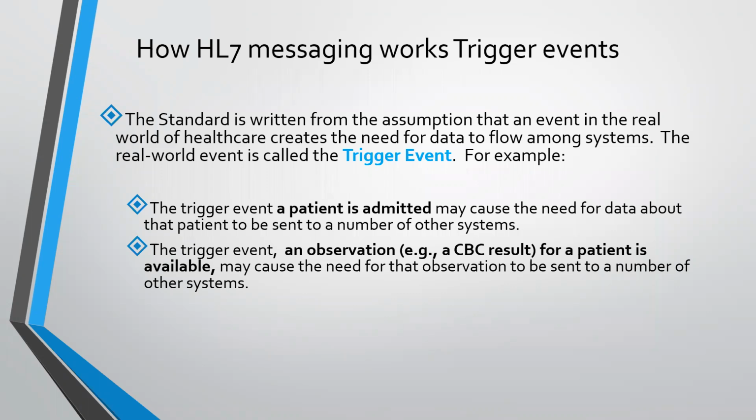The standard definition says that the action or event that is happening in the real world, if that particular event creates a necessity for the data to be sent from one system to another, such events are called trigger events, right?